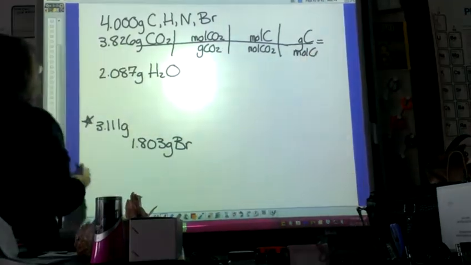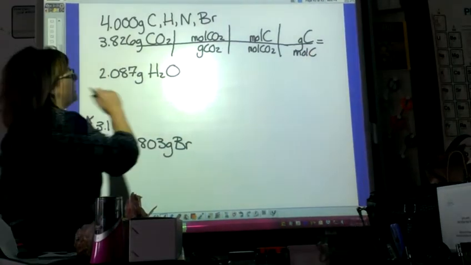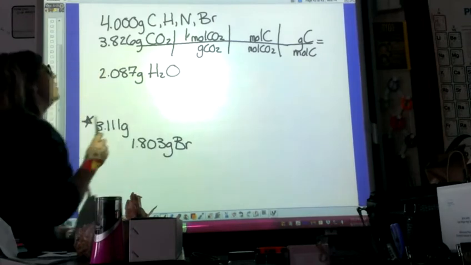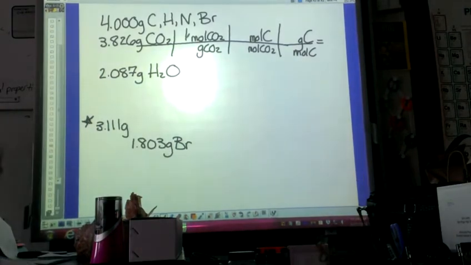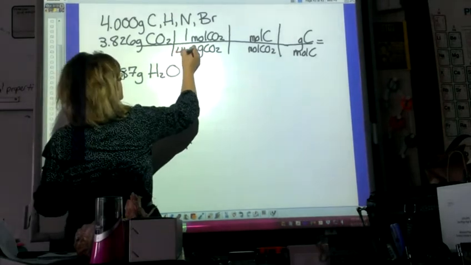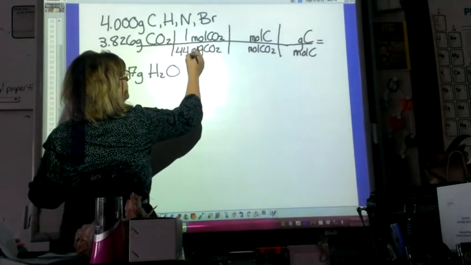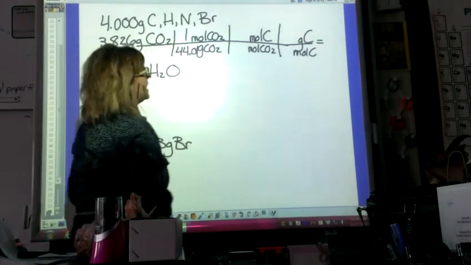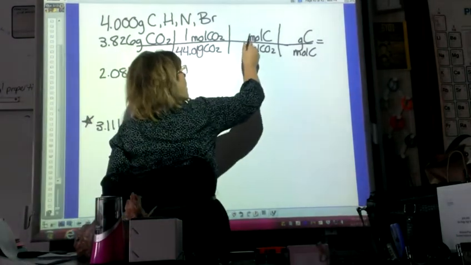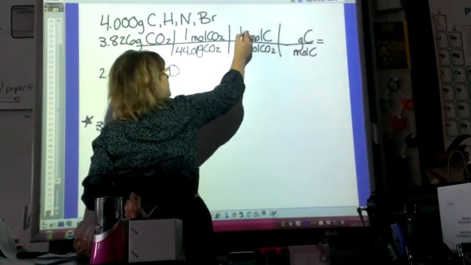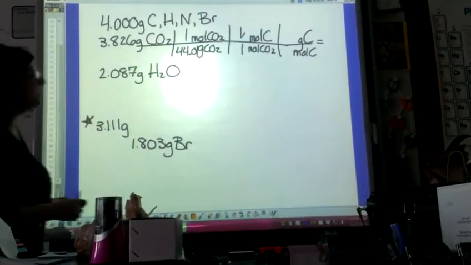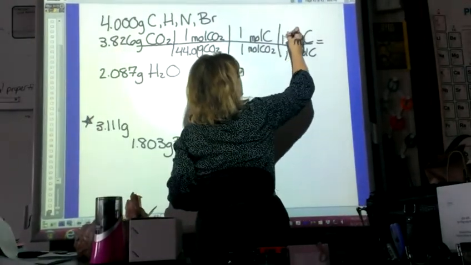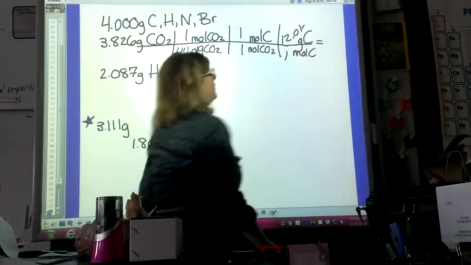Right. So I know that in 1 mole of carbon dioxide, there should be 44.01 grams of carbon dioxide. I know that in 1 mole of carbon dioxide, there's 1 mole of carbon. And then I know that in 1 mole of carbon, carbon will have a mass of 12.01.